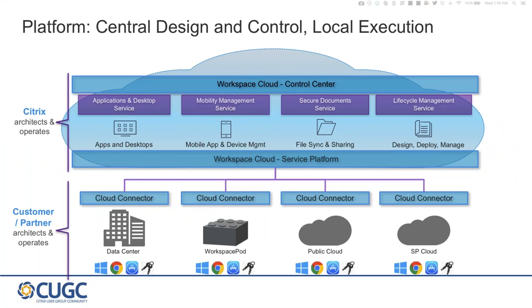If I'm doing AWS, I'm going to put it in AWS. If I have on-prem and want to use my on-prem resources like Hyper-V, VMware, XenServer, I'm going to install that connector on-prem and then have those resources hosted locally. So you get to choose where you put those. You don't have to put it here or there. As a customer, it's kind of bring your own workload infrastructure, whether that's on-prem or any cloud.